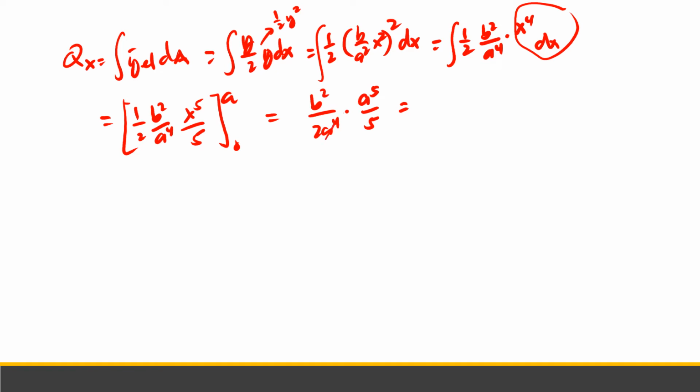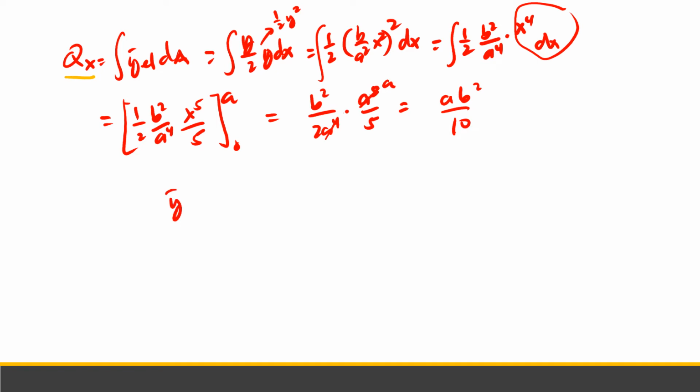So a^4 to a^5 is a na lang. So magiging a b squared over 10. So ito yung first moment natin with respect to x. A b squared over 10.